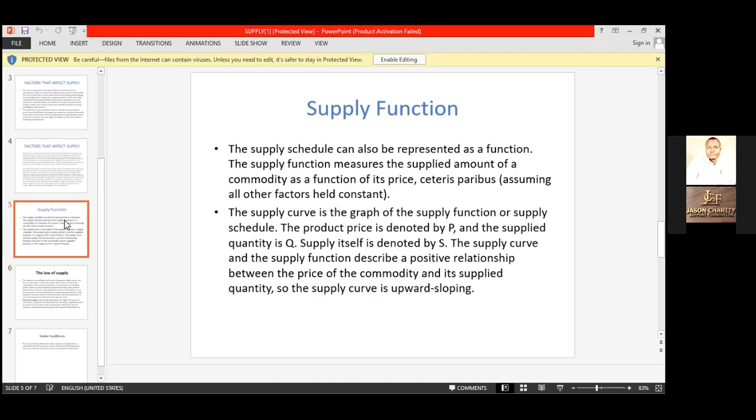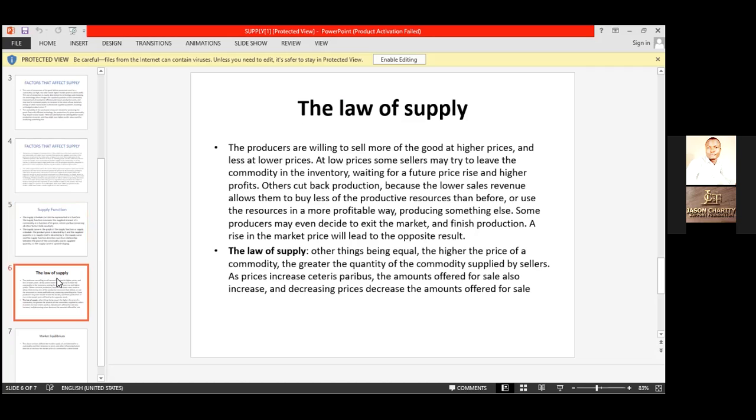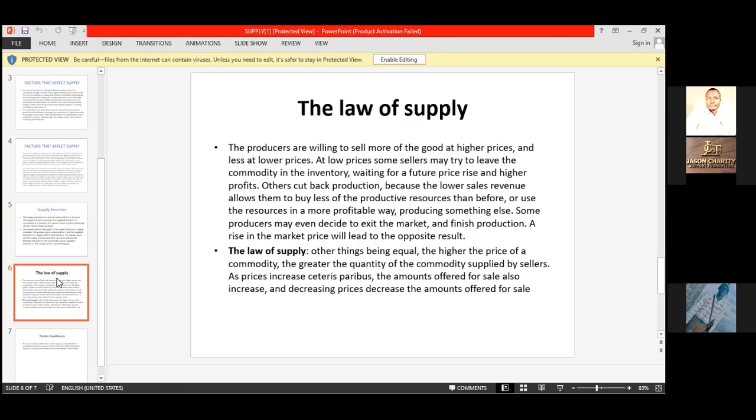Okay. At that point, let's discuss the law of supply. We are talking about the law that guides supply. What does the law say? The law says that the higher the price, the higher the quantity supplied. If the price of the goods increases in the market, you supply more because you want to make profit.